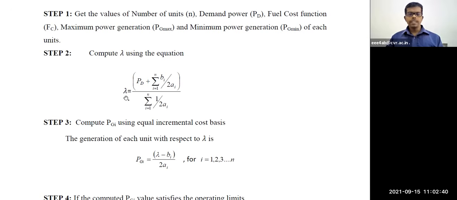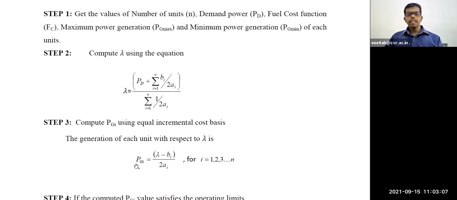So first we have calculated lambda for three generating units. Say for example in the problem n is given as 3. So for 3 generating units you add, and you find the lambda. After this, this is PGI, so i equals 1 to n, i equals 3, which means you have to calculate PG1, PG2, and PG3.